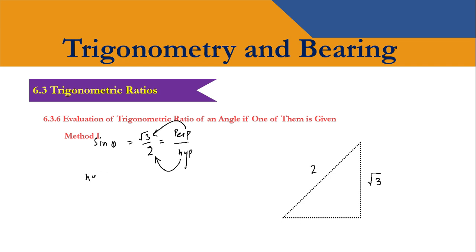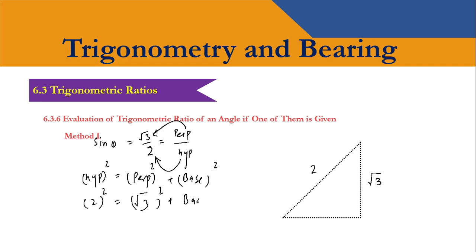As you know, the square of hypotenuse should be equal to the perpendicular square plus the square of the base. So with the help of sine theta, root 3 by 2, we get the information of perpendicular and hypotenuse, and now we are putting the values here. 2 square, minus root 3 square, should be equal to the value of the base square.